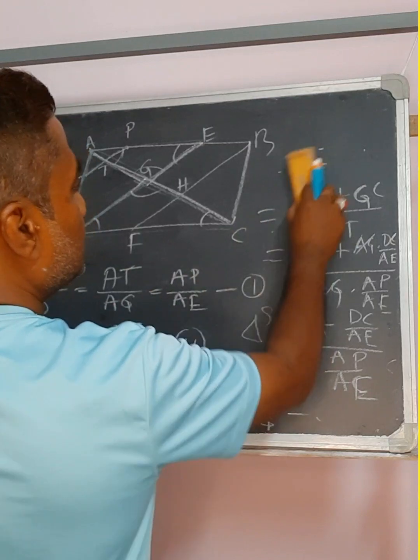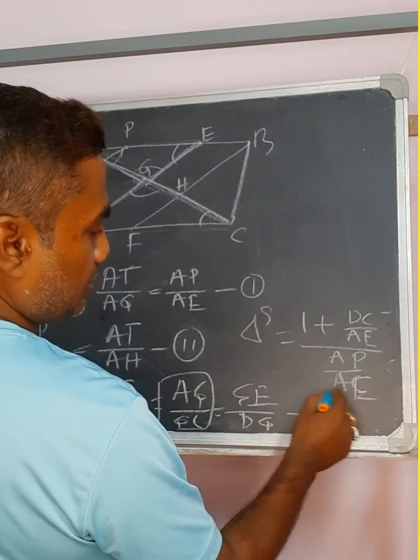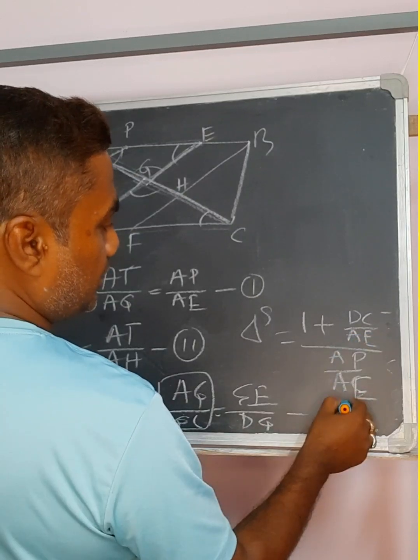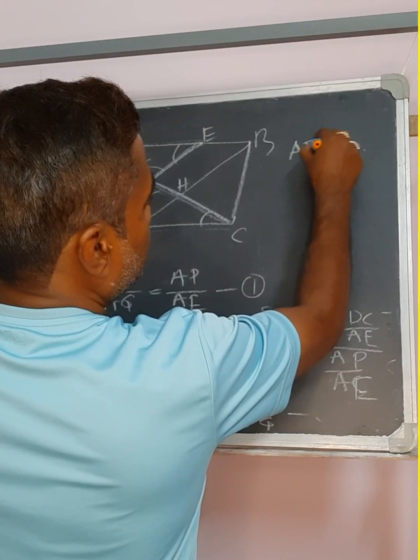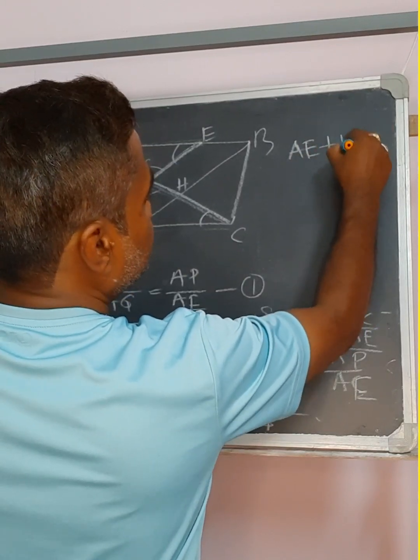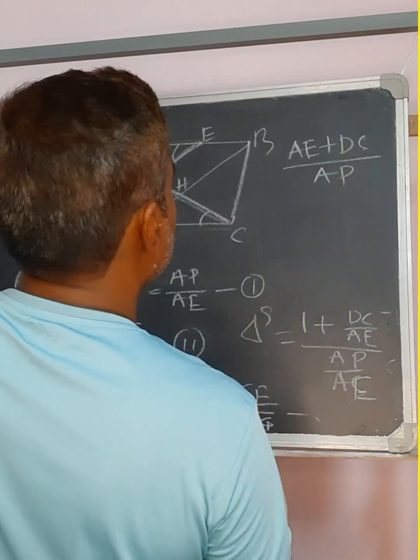Now I am rubbing the top one, okay. Now if I calculate it, AE will be on the denominator, so on top it will be AE plus DC divided by AP, okay.